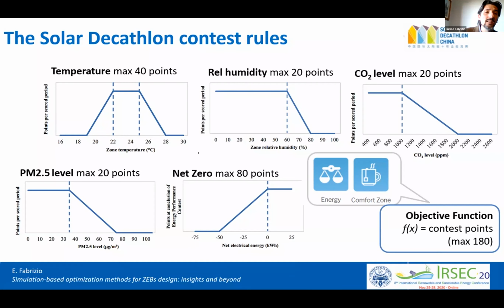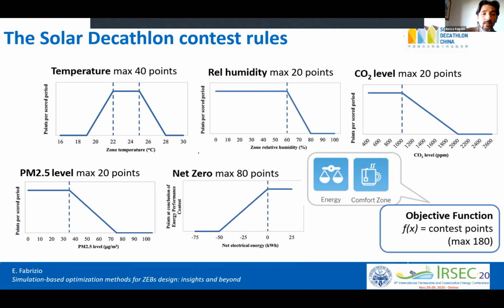There are some penalties. For example, for the temperature you have to be within 22 and 25 degrees. Otherwise, you reduce your points, or you do not gain any points if you are too low or too high. Similarly for relative humidity and also CO2 level, PM2.5, and for the energy use.